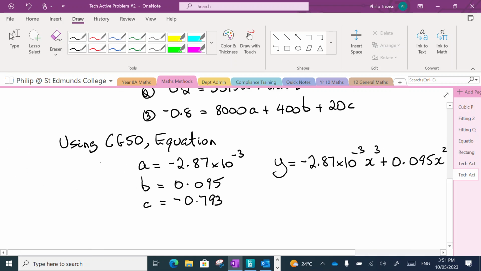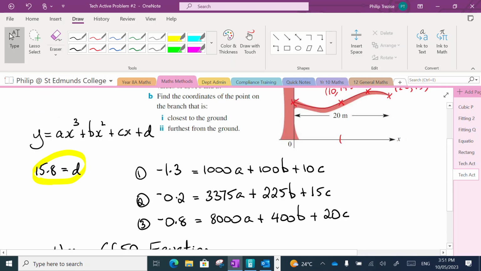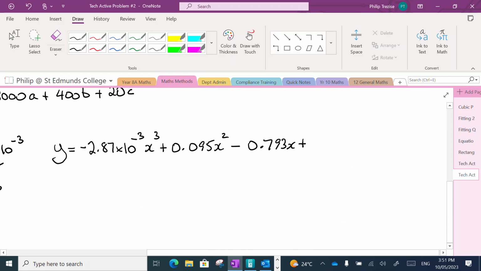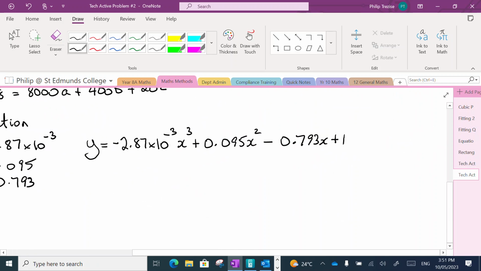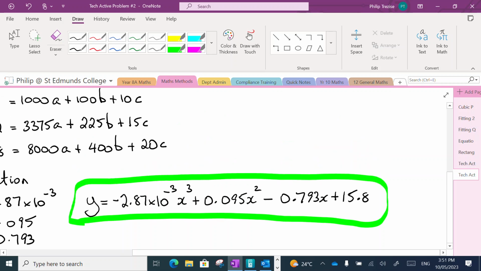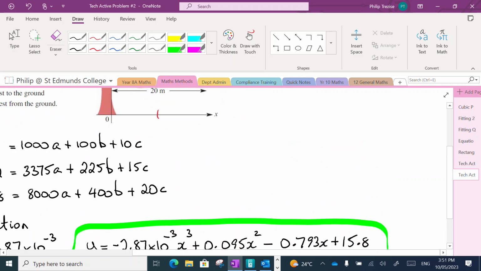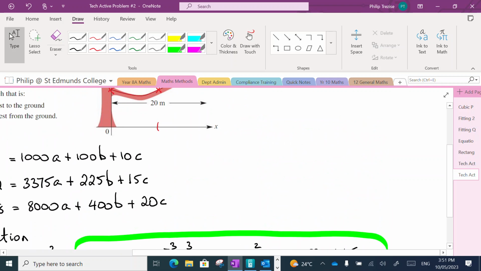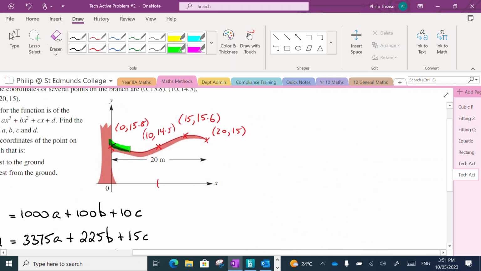And don't forget, D from our standard was 15.8. So plus 15.8. That's the cubic function, which is going to model the picture on my graph. It should go along here like this.